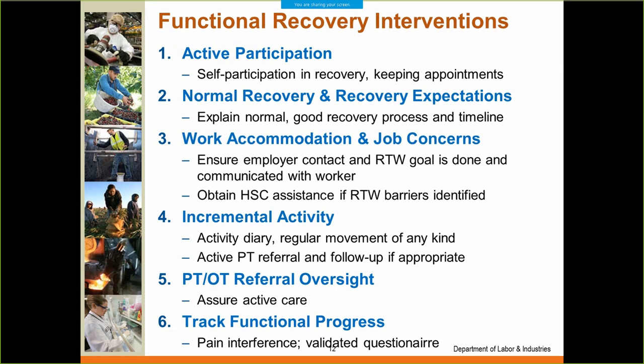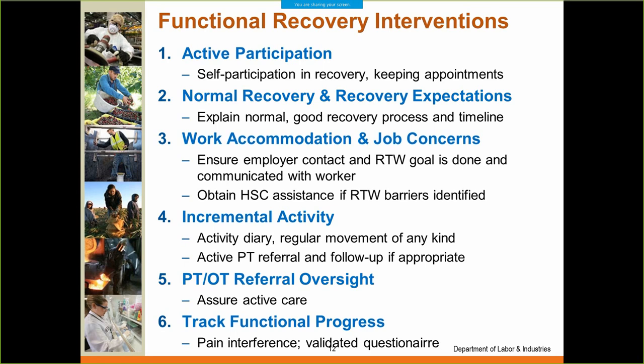So the interventions for functional recovery are active participation, the worker's own engagement in their own recovery, keeping appointments, doing their prescribed activities and that sort of thing. Going back and discussing normal recovery and the worker's recovery expectations and why they may not have normal recovery expectations.